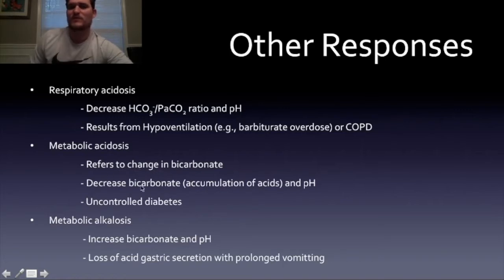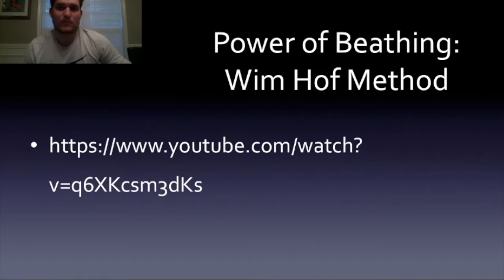Well, if you decrease bicarbonate to low enough levels, acids will start to accumulate, and then you're going to have a lower pH. And then there's also metabolic alkalosis, which is an increase in bicarbonate and pH, and that may result if you lose a lot of acid, let's say from prolonged vomiting. So if you combine any of these factors with altitude, it may make your exposure a whole lot worse.